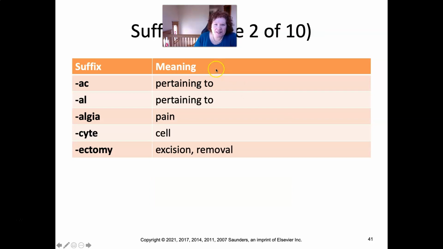Now we're into suffixes. Okay, here, watch the suffixes. These come at the end. Remember that? Prefix comes at the beginning. It's pre, it's before. And suffixes are at the end. So we have -algia, -cyte, -ectomy. And I'm going to tell you right now, watch out for -ectomy versus -otomy.